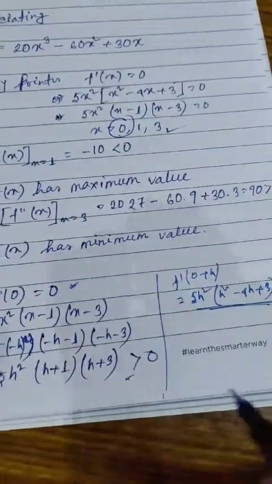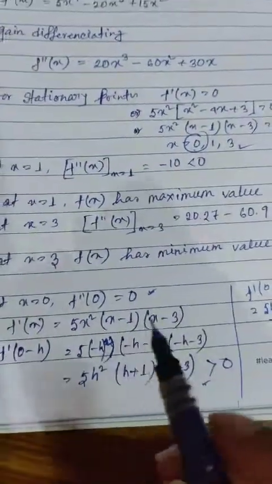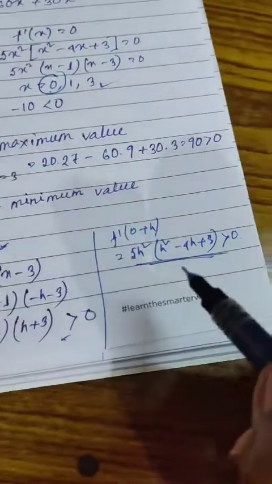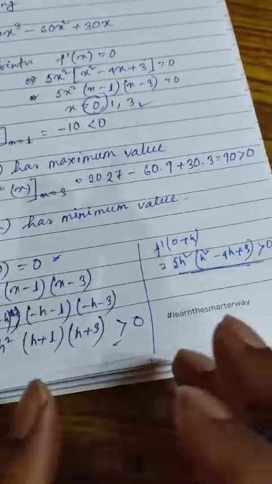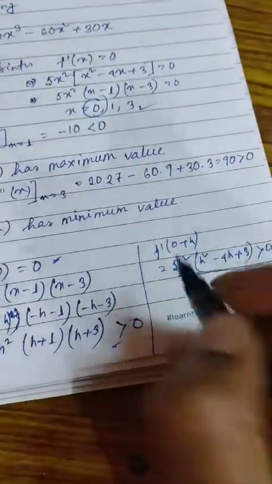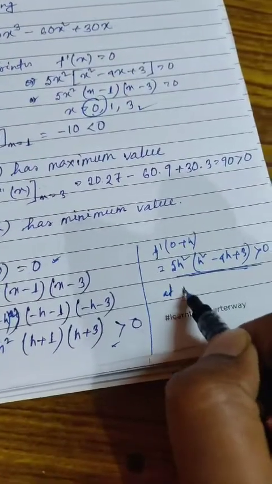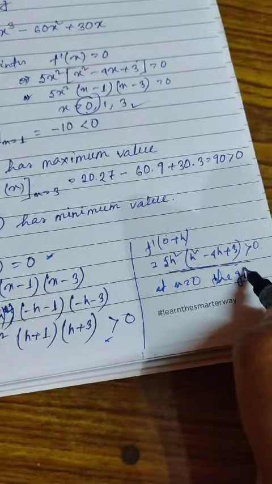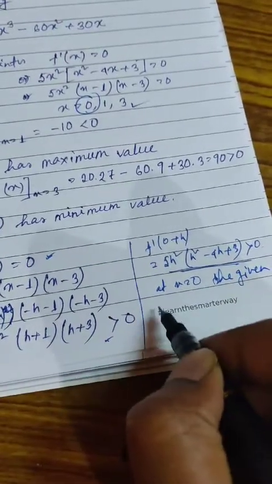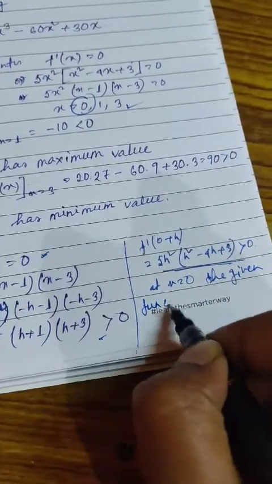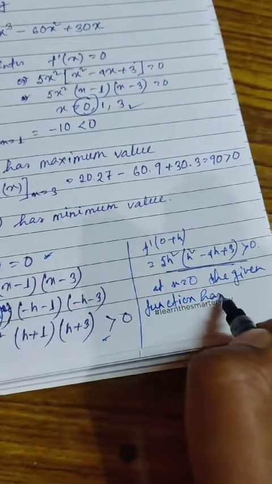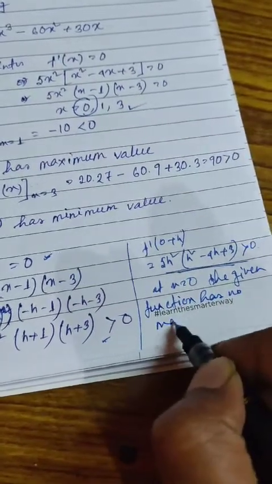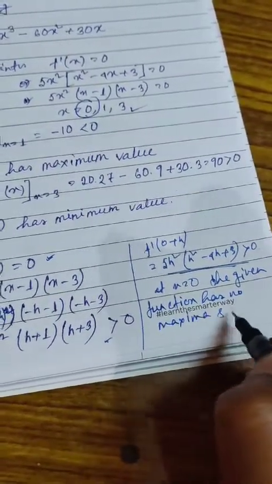And see here that there is no change of sign from f'(0 − h) to f'(0 + h). Both are greater than 0. So we can say that at x equal to 0, the given function has no maxima and no minima.